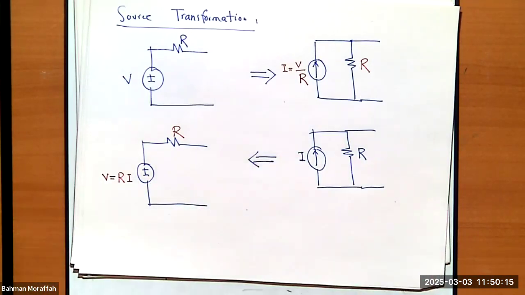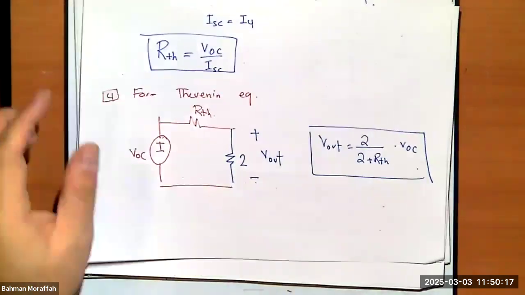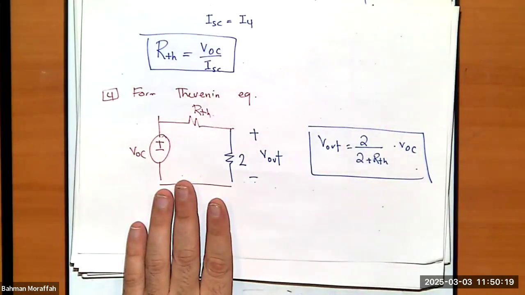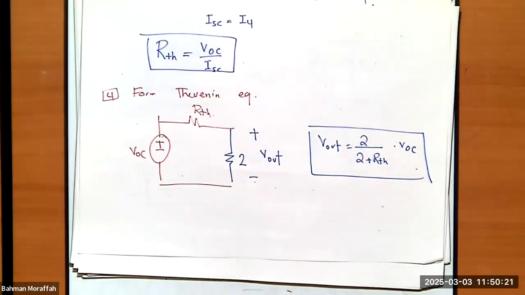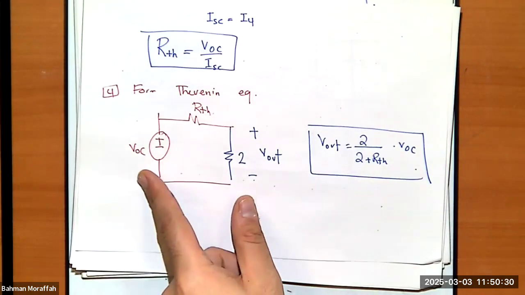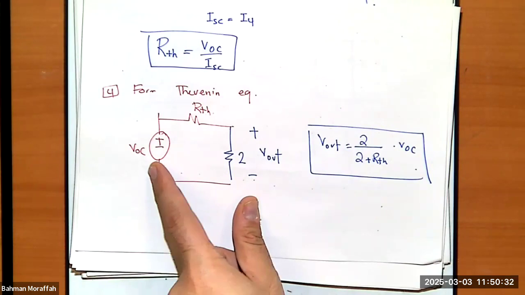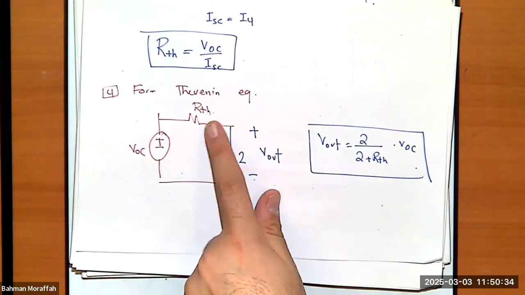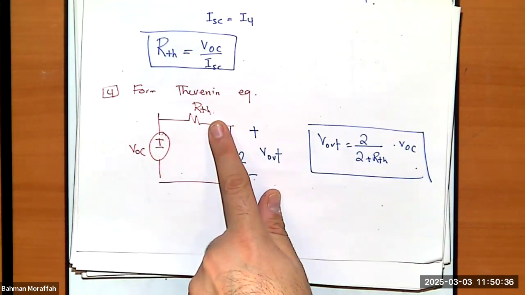So if you're given this circuit and you were told to find the Norton equivalent, how would you do it? We're going to do source transformation. The value of the source is V open circuit divided by R-Thevenin, right?